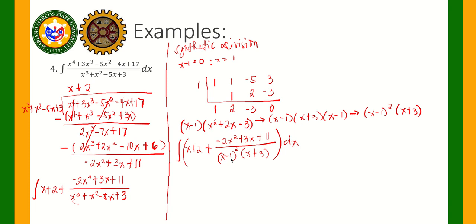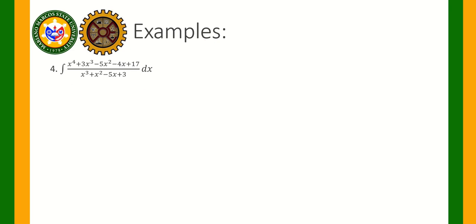Okay, and since our q of x is linear and some are repeated, gagamitin natin si case number 2. Okay, so at the integral of negative 2x squared plus 3x plus 11 over x minus 1 squared times x plus 3 dx.